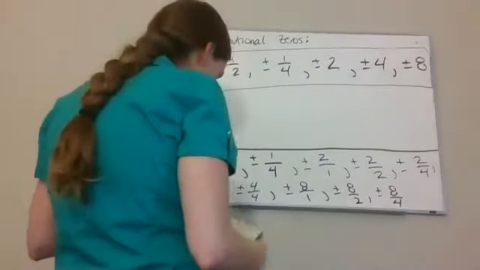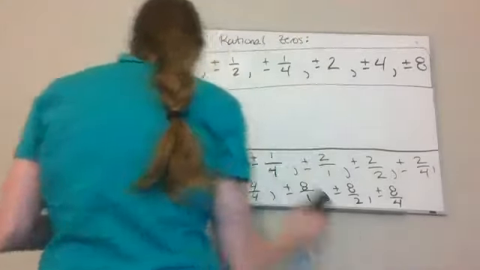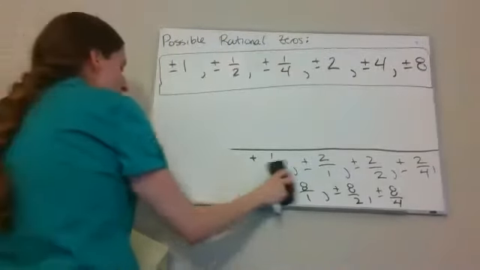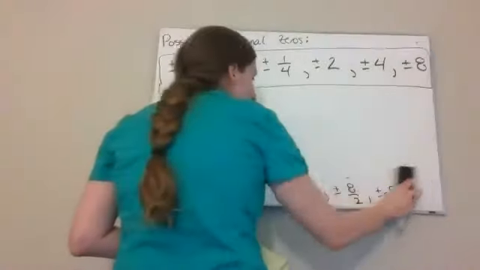Let's do an example where we actually find all of the zeros using this rational zero theorem to help us.